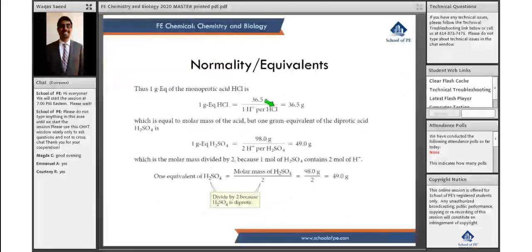So here is an example I want to go through. Let's say you have hydrochloric acid. When I say it's a monoprotic acid, what does that mean? Can anyone tell me what monoprotic indicates?